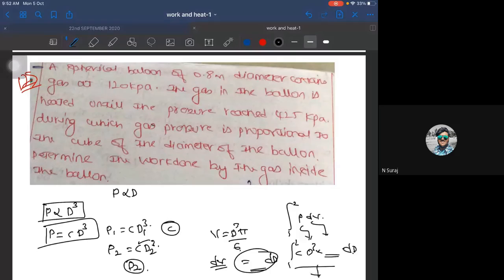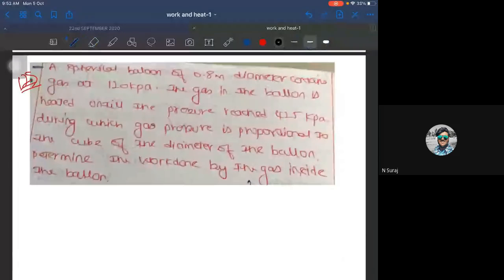Let me write the initial and final conditions. The initial state is 1 and the final state is 2.